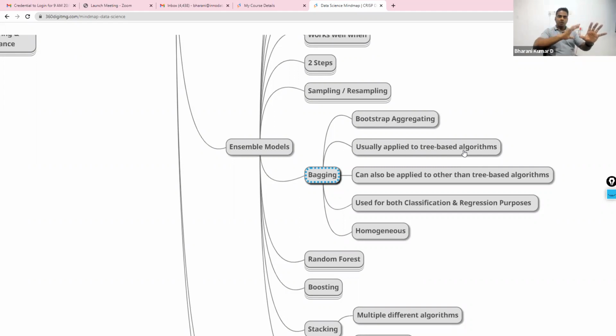That is a non-tree-based algorithm. Okay, let me give you a high-level indication here. So you'll have homogeneous algorithms, heterogeneous.